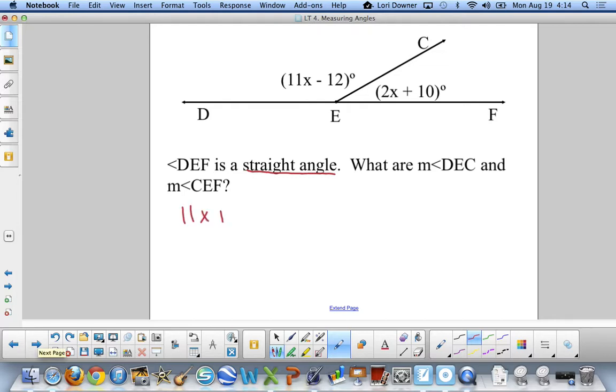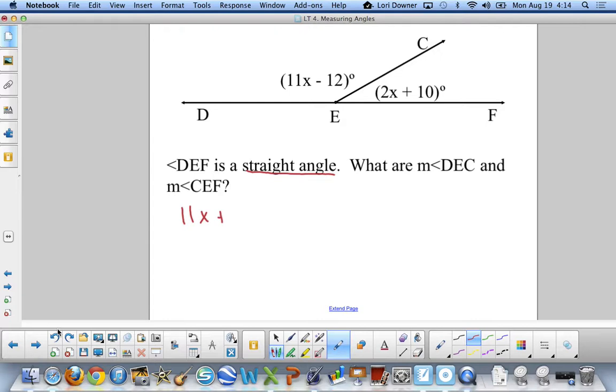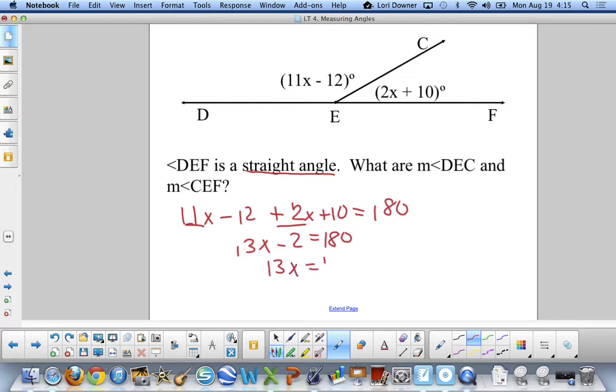So I know 11x minus 12, added to 2x plus 10 equals 180. So if I add my like terms, I get 13x minus 2 equals 180. Then I'm going to add 2 to both sides. 13x equals 182. And divide by 13. X is 14.